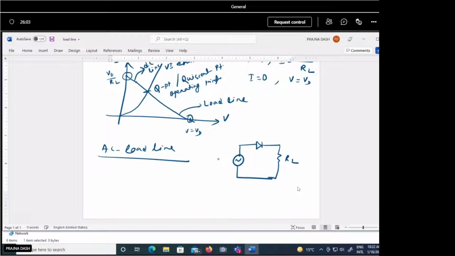Suppose this input voltage is AC. AC means there must be some range of your voltage, like this will vary from this to this. So one will be a minimum, another will be a maximum value. So this Vin is usually the positive peak. This Vin voltage is in AC form.